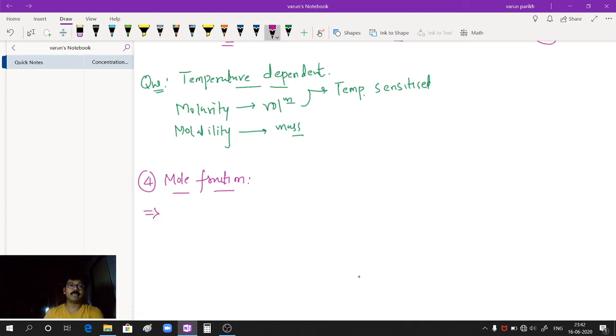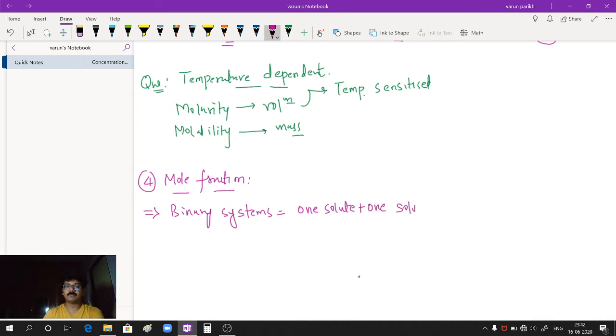If I talk about a binary system, what do you mean by a binary system? There is only one solute and one solvent. So for binary systems, what is the mole fraction? Mole fraction is defined for both the solute and the solvent.